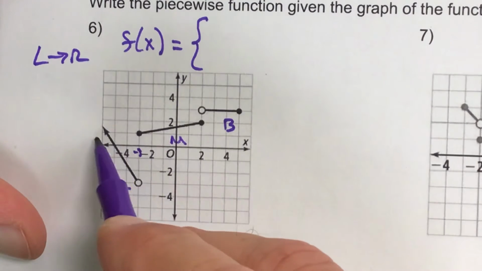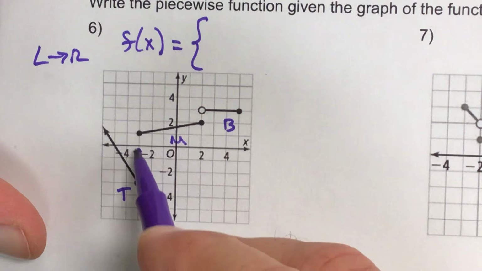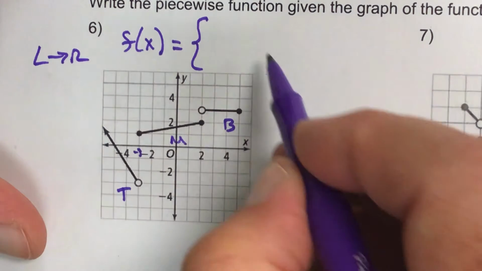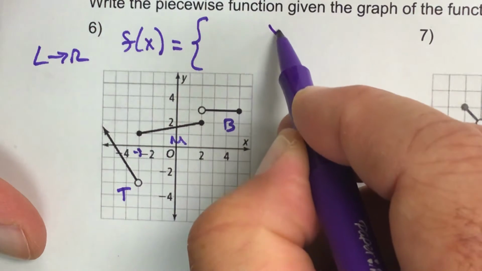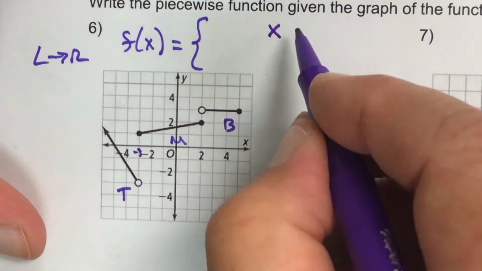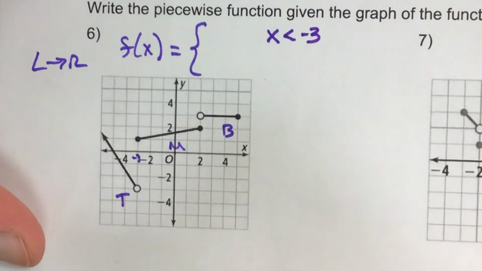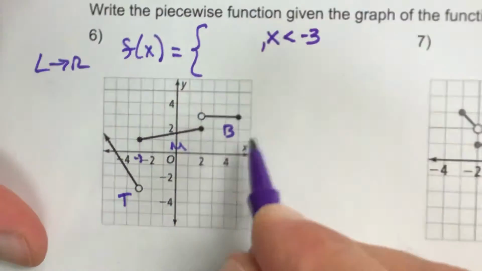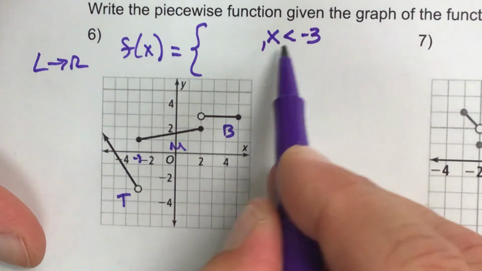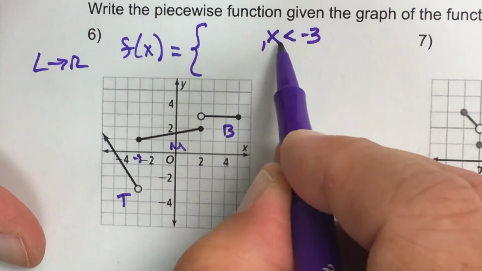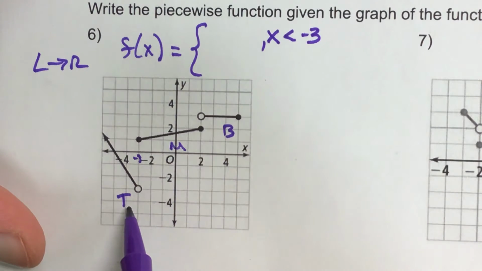That's what this arrow says. So we are starting at -3 and going to negative infinity. That would tell me that x, with an open dot, is less than -3, because it's going to have nothing more than -3, so all the numbers less than -3.